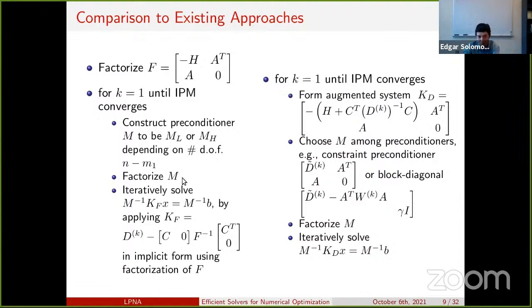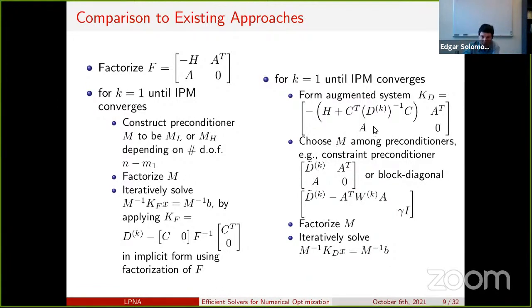Then we need to factorize the preconditioner, and the preconditioner may change at every step since it involves Dk. And then we iteratively solve the reduced system equations, where we leverage the factorization of F to perform a solve with F at every iteration. So we will not form KF explicitly. We will instead simply solve implicitly with F and take products with this.